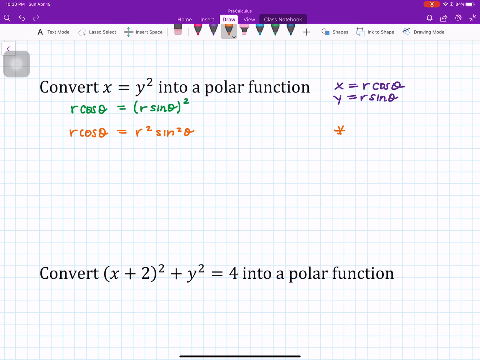Again, the goal is to isolate r. There's a lot of different ways you can do that. You only really want one r. There's only a few cases when you can have an r squared. So I'm going to divide by one of the r's over here and the sine. That will make the extra r cancel out.